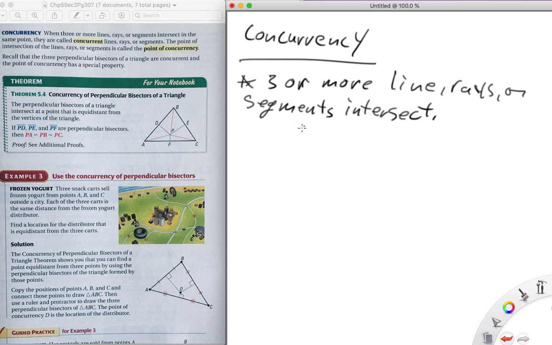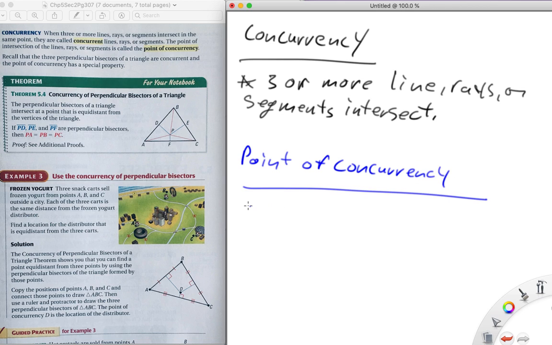That's called concurrency. The point of concurrency is the intersection point of those lines.